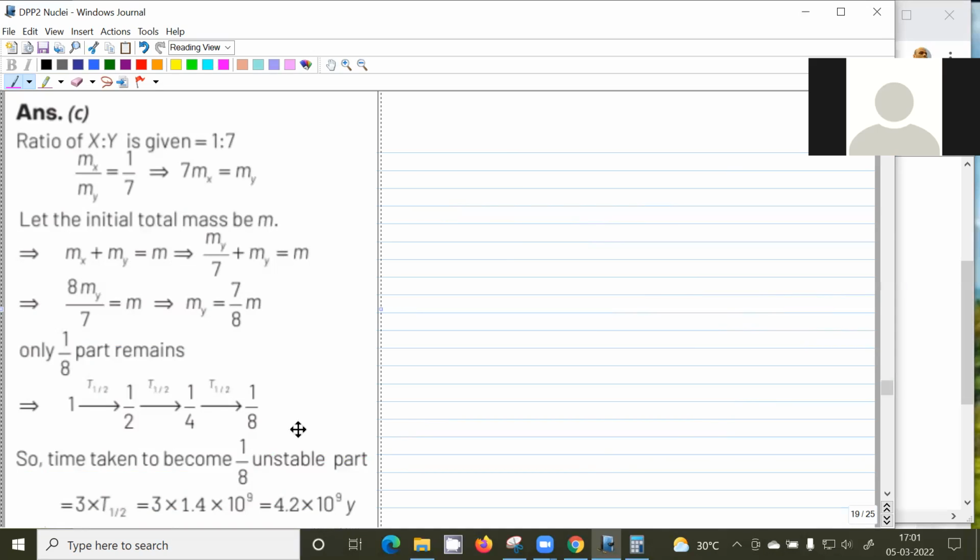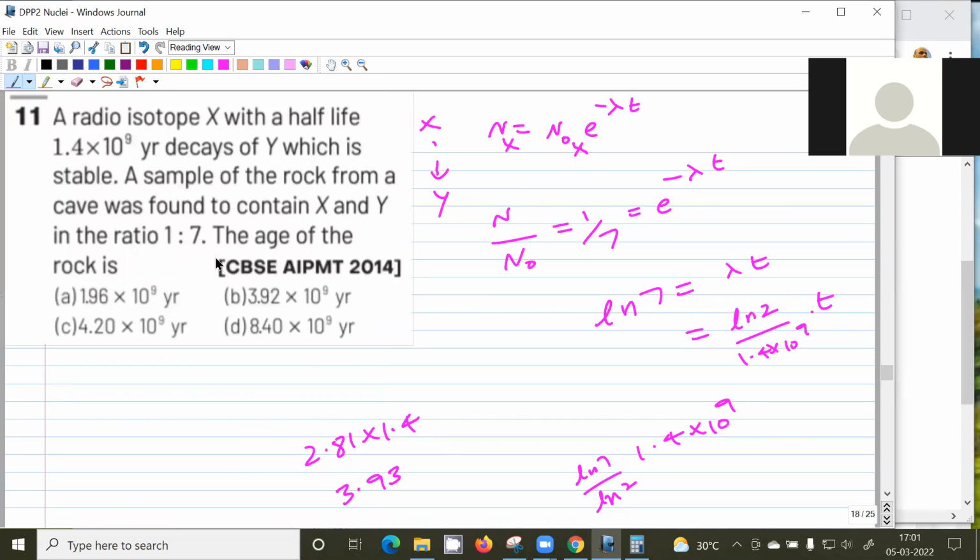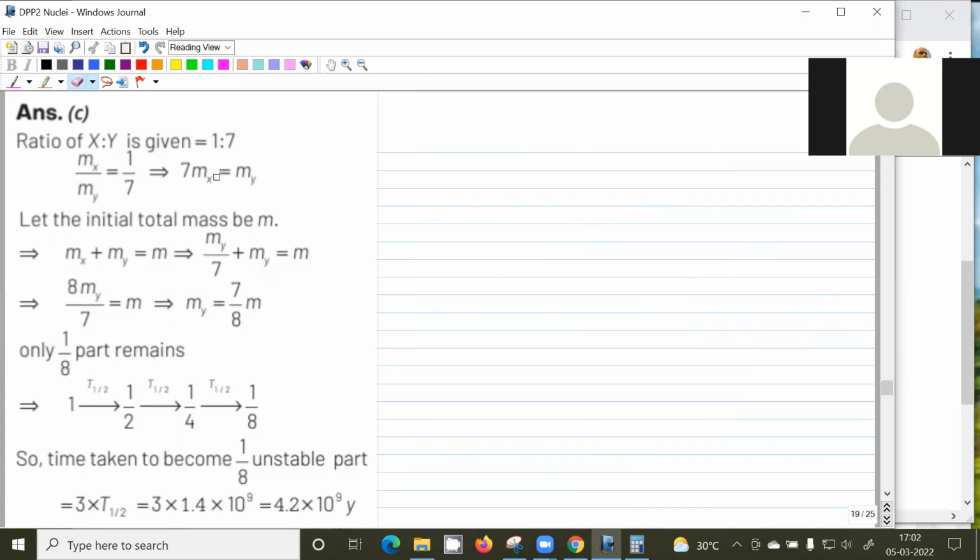Okay, I understood the question wrongly. So initially both X and Y are there. Okay, it's the mass ratio.